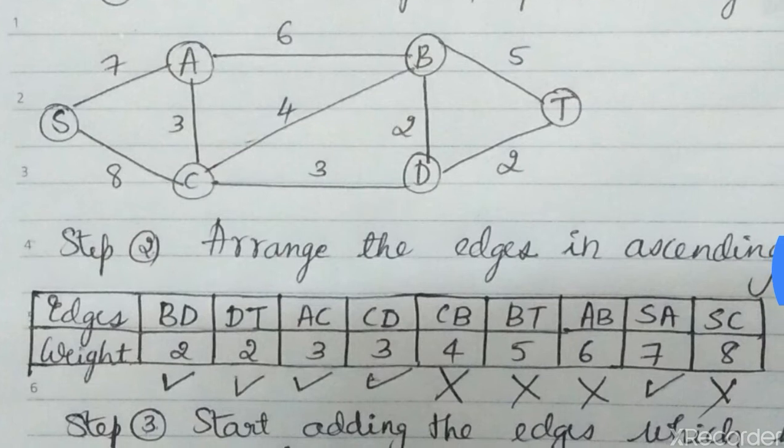So edge BD is 2, then DT 2, AC is 3, CD is 3, CB is 4, BT is 5, AB is 6, SA is 7 and SC is 8. So this is the second step, that is, you arrange all the edges in ascending order and write each edge and its weight.